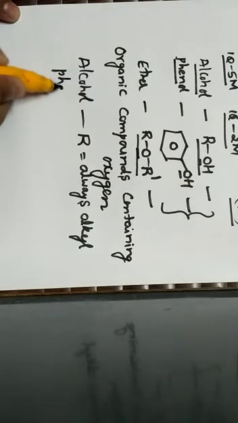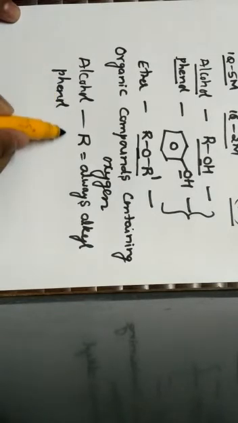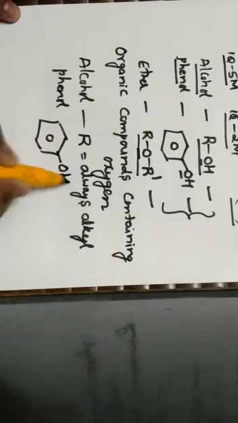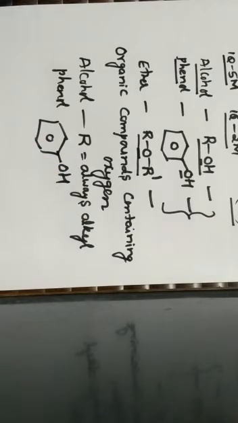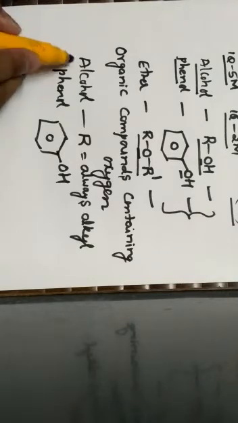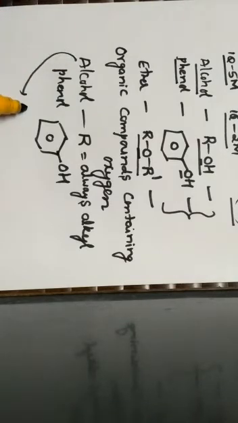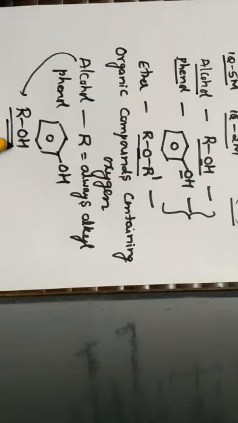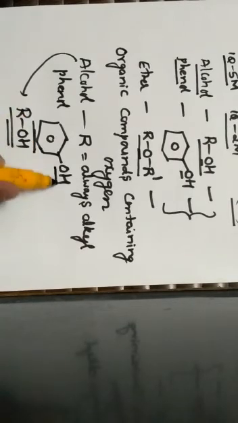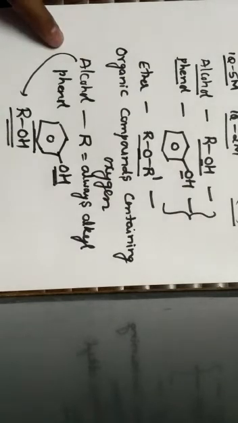But phenols always contain a benzene ring attached to the OH group. So this is the major difference. In alcohols, alkyl groups are always linked with the functional group OH, but in phenols, a benzene ring is attached to the OH group.